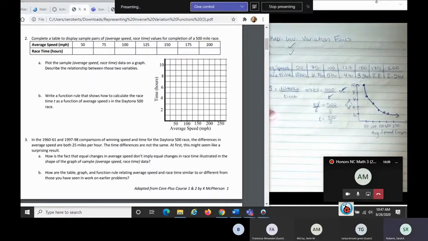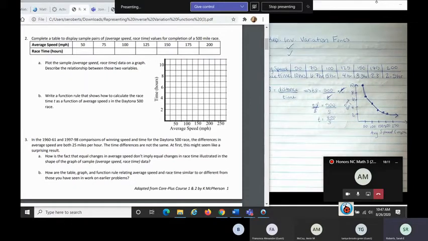Okay, what questions do you guys have about that? Is that what you got as well? Yeah, I got that. Perfect. Okay, so we should get this. And then it says write a function rule that shows how to calculate race time as a function of average speed in the Daytona 500 race.